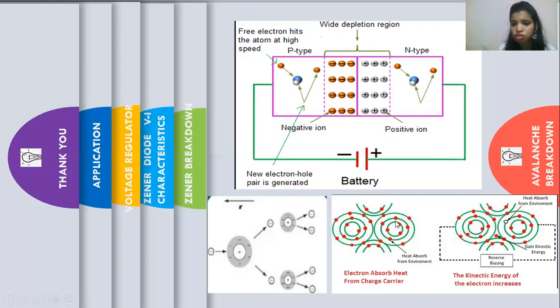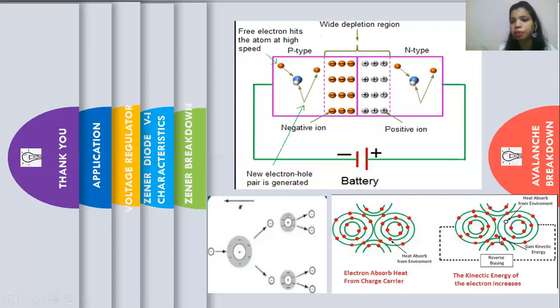Now understand this concept again. These are the free electrons. Suppose this is your free electron, and we are applying the reverse bias here, and this free electron gains a high kinetic energy. Now with this high kinetic energy, this electron is coming into this region and it is colliding with a stationary atom, meaning it can collide with any stationary atom. When it collides with any stationary atom, what will happen?